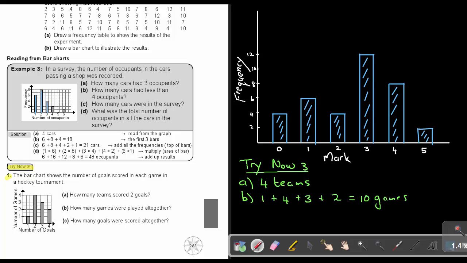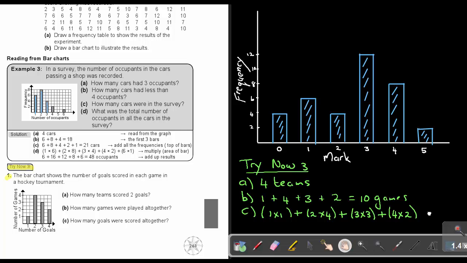And then the last one, number C. How many goals were scored all together? Now remember, in one game, 1. In 4 games, 2. So basically, it's going to be multiplying. It's almost like working out the length and the breadth. So it's going to be 1 times 1 plus 2 times 4 plus 3 times 3 plus 4 times 2.